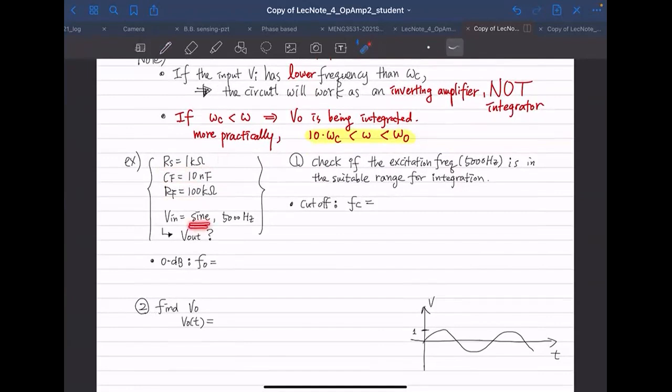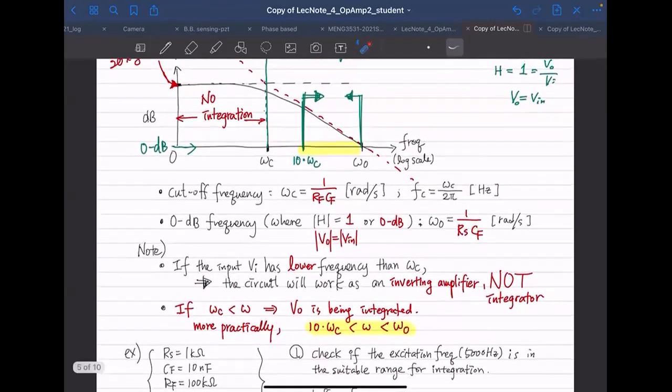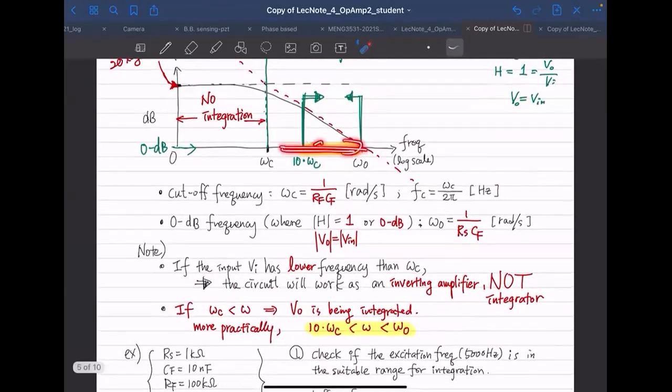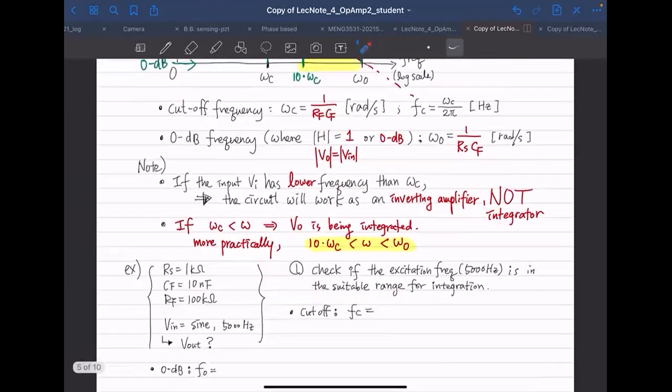Our input is a sine wave at 5,000 hertz, and the question is, how would the output voltage look? So the first step is to check whether your excitation frequency is within the suitable range for integration, meaning whether it's within this kind of range, okay?